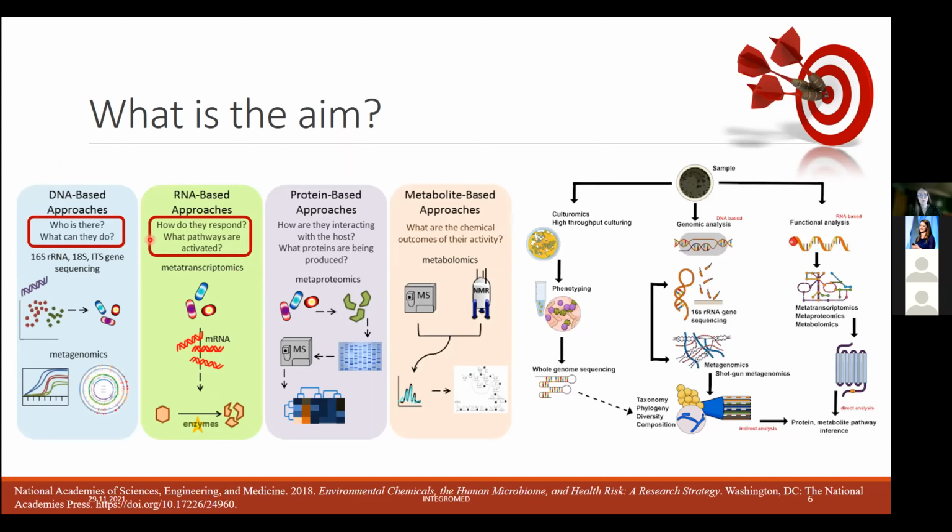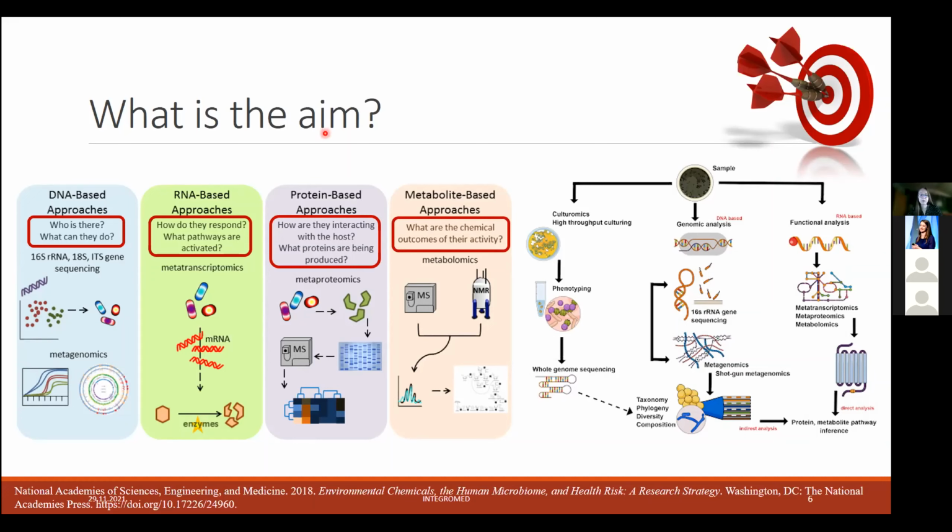If you want to analyze the RNA, there are other precautions that should be taken into account already at the sample collection step. We just can't, after collection, think, oh, I want to see the RNA as well. Maybe the samples are not suitable for that anymore. And of course, we would like to know how is microbiome interacting with the host and what proteins are being produced there, and maybe also what chemical outcomes of their activity can we detect in the microbiome.